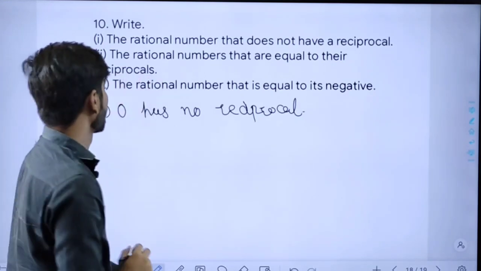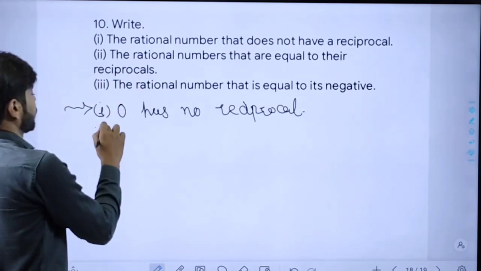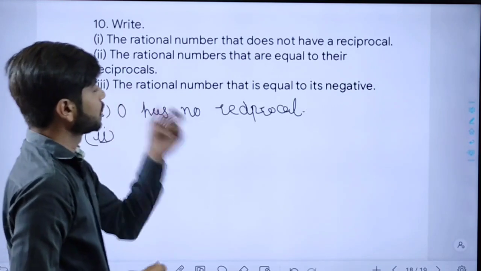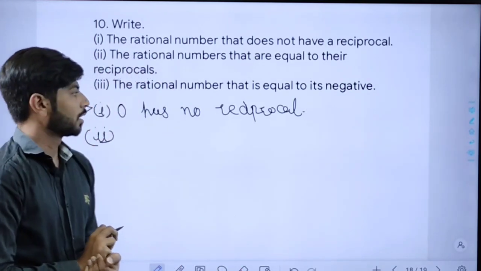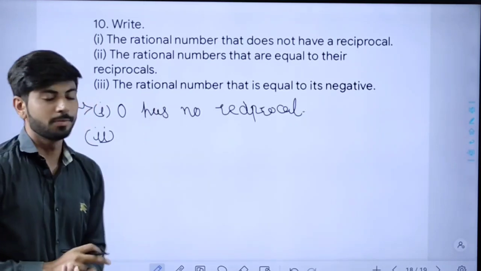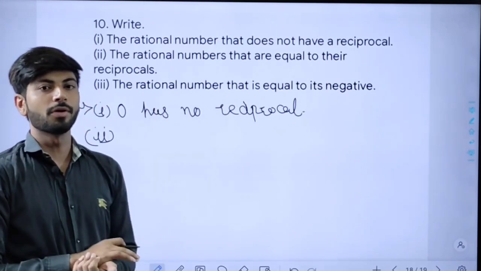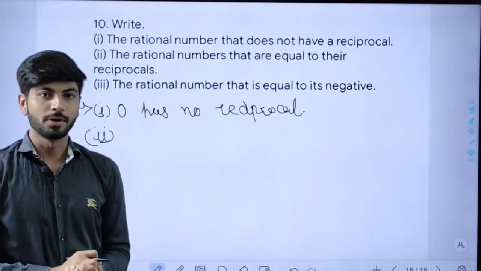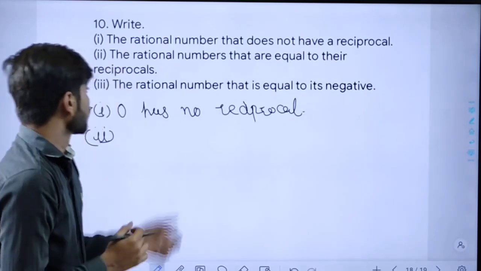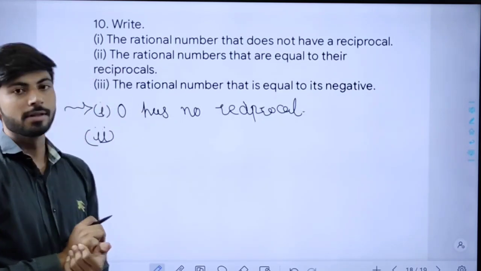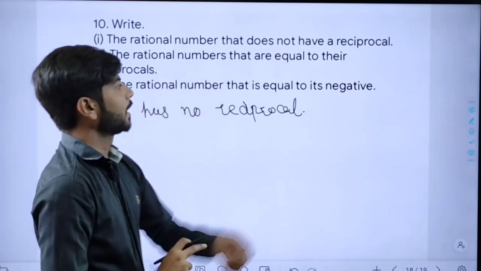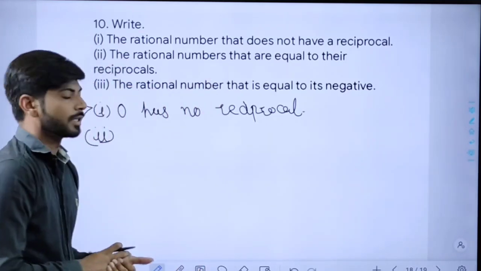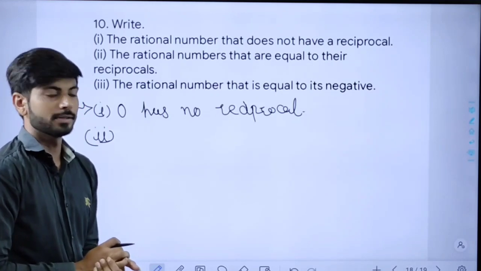Now second, the rational numbers that are equal to their reciprocals. Okay, again do the same process, stop the video, think about it, and give the answer below in the comment section, and then I will give you the answer. So the rational numbers that are equal to their reciprocals, think about it. What will it be?